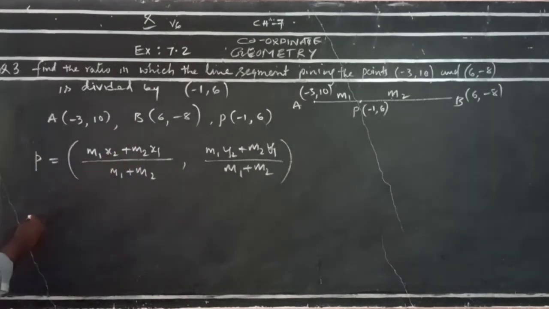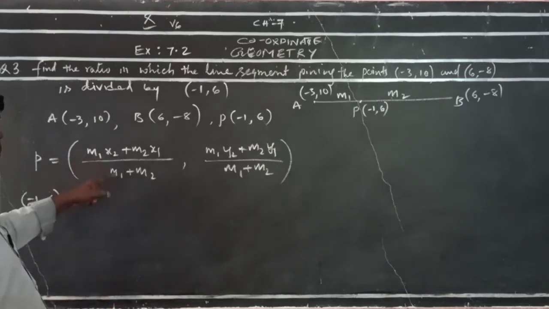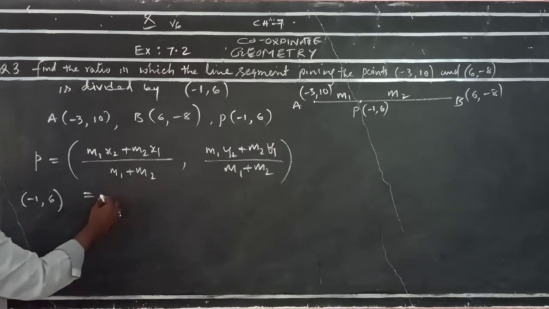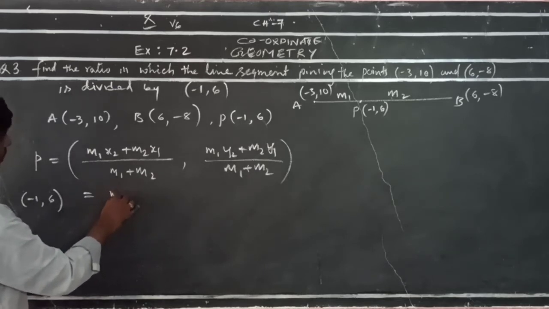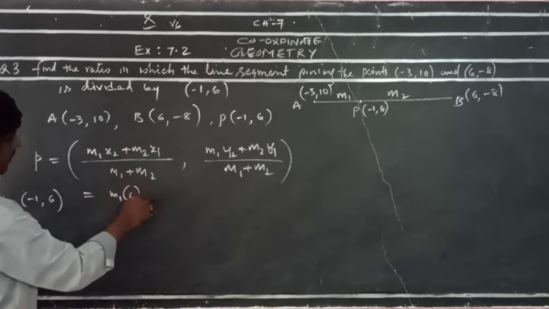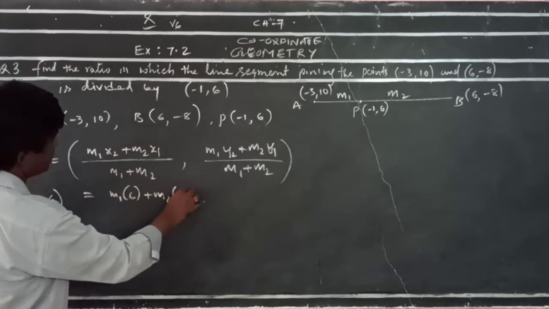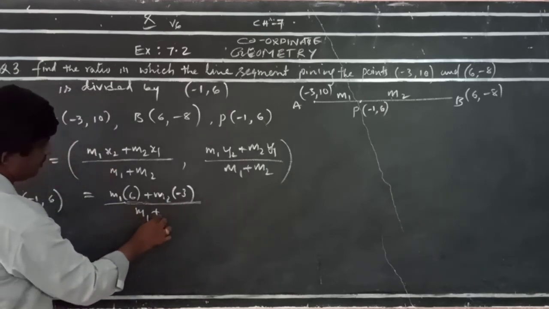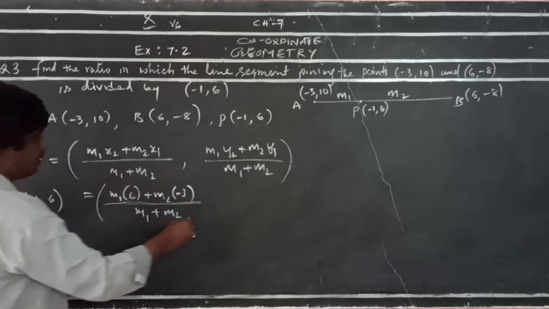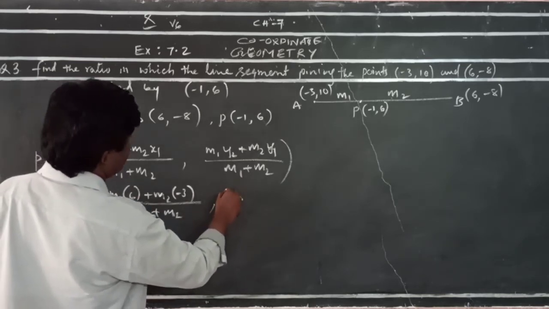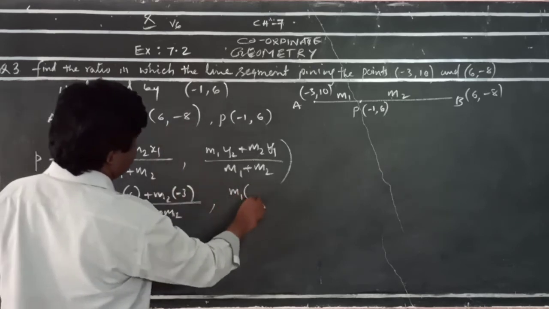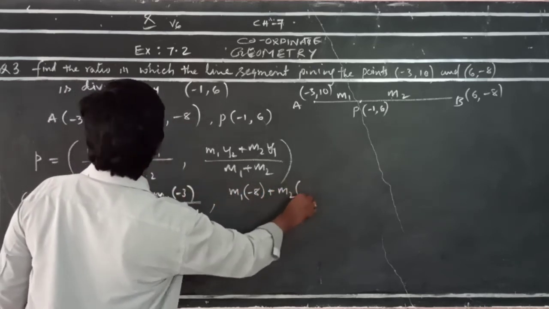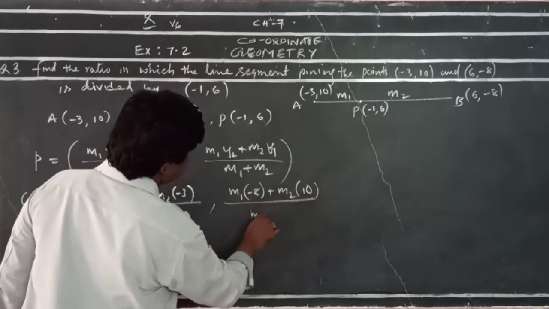What is P here? P is (-1, 6). So we take m1 x2 plus m2 x1: m1 into 6 plus m2 into -3, by m1 plus m2, and for y, m1 into -8 plus m2 into 10, by m1 plus m2.